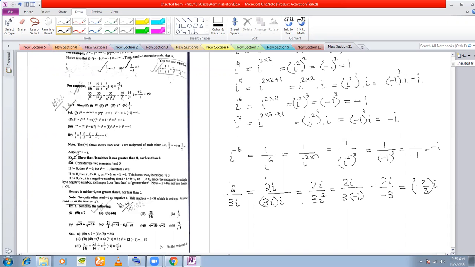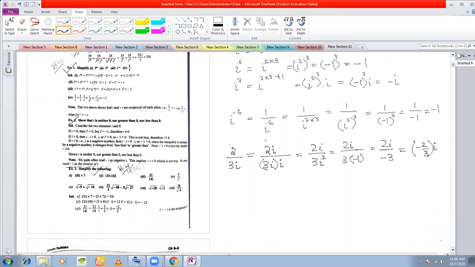Okay. So this is how we deal with numbers where I is in the denominator, where the imaginary part is in the denominator. Suppose I have a number like I to the power of minus 7. Then how do I deal with it? I write 1 by I to the power of 7, and I to the power of 7 can be written as 2 into 3 plus 1.